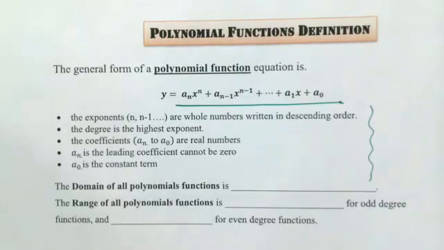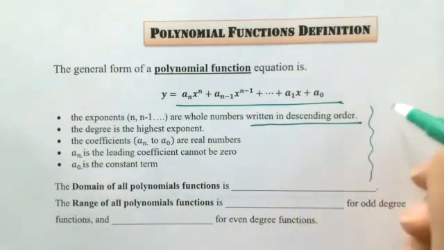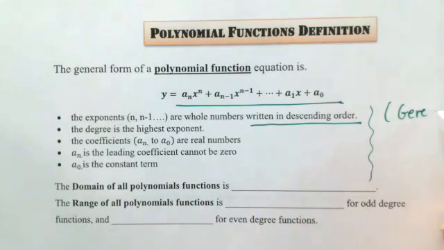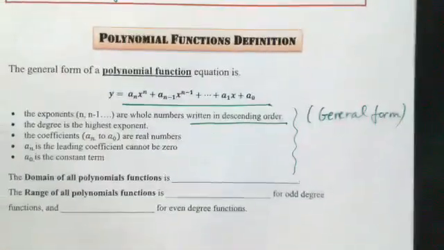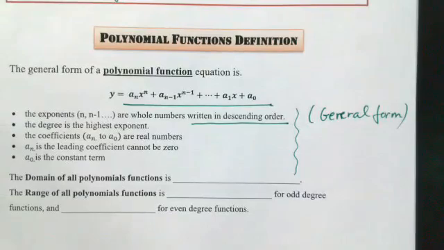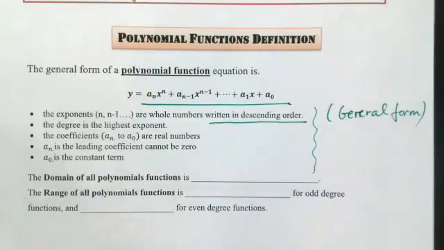The exponents are whole numbers, and if they're written in descending order, we call this the general form. So usually when we define it, we always write it in descending order of exponents. We also name the functions by the highest exponent. So a function of degree 1 is named from the highest exponent of our x's.